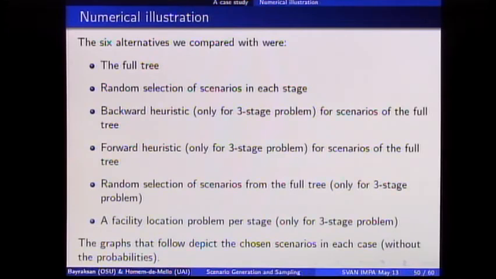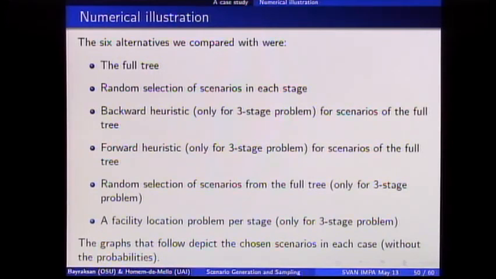So what are the alternatives? Well, first was the full tree, right? In this case, the problems are small enough. The goal was just to do a computational comparison, so we know the full tree, we could solve the full tree. Or let's say we make a random selection on each stage, or we do a backward heuristic for scenarios of the full tree.